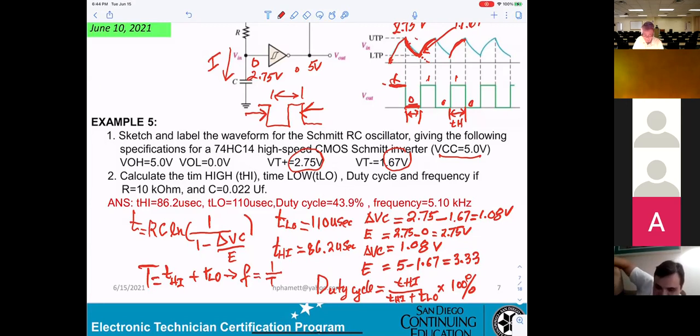On that calculation, you get the answer: frequency 5.10 kilohertz, and the duty cycle will be 43.9%. That is the complete calculation for this type of circuitry, which is an oscillator.